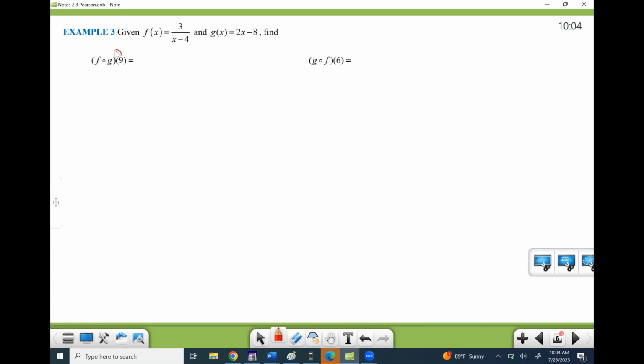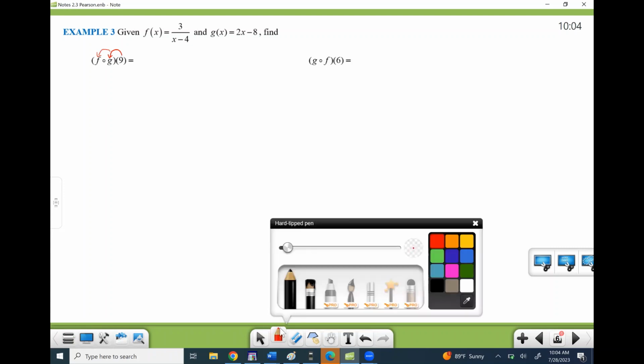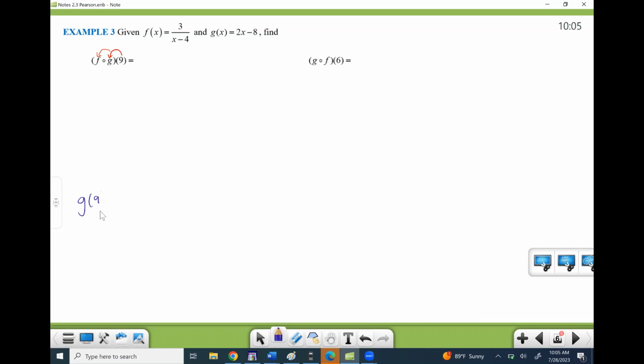So I would substitute 9 into G, and then whatever I get from that gets substituted into F. So the very first thing I'm going to do is substitute 9 into G. So G of 9 just means put a 9 right where the x is. So we've got 2 times 9, take away 8. 18, take away 8, that gets us 10.